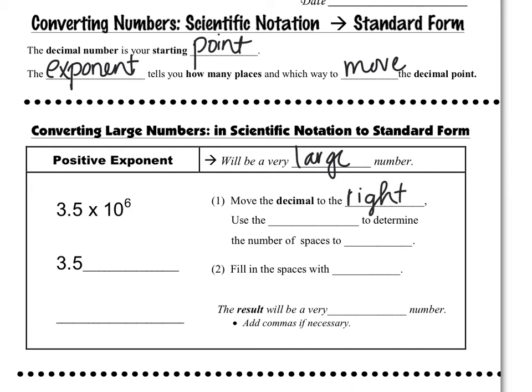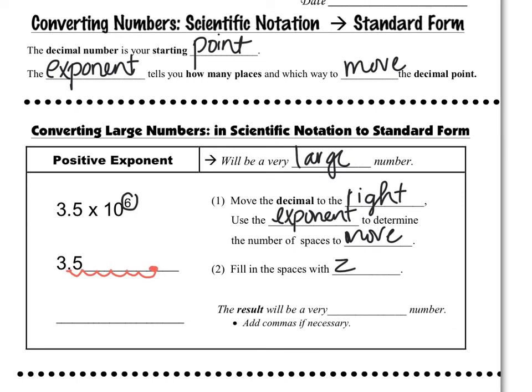How many times? Well, I have to use the exponent to determine the number of spaces I'm going to move. So let's go ahead and look at our exponent. We have an exponent of 6. So I'm going to move the decimal point 6 times to the right. So I have 1, 2, 3, 4, 5, and 6. So this is where my new decimal point is.